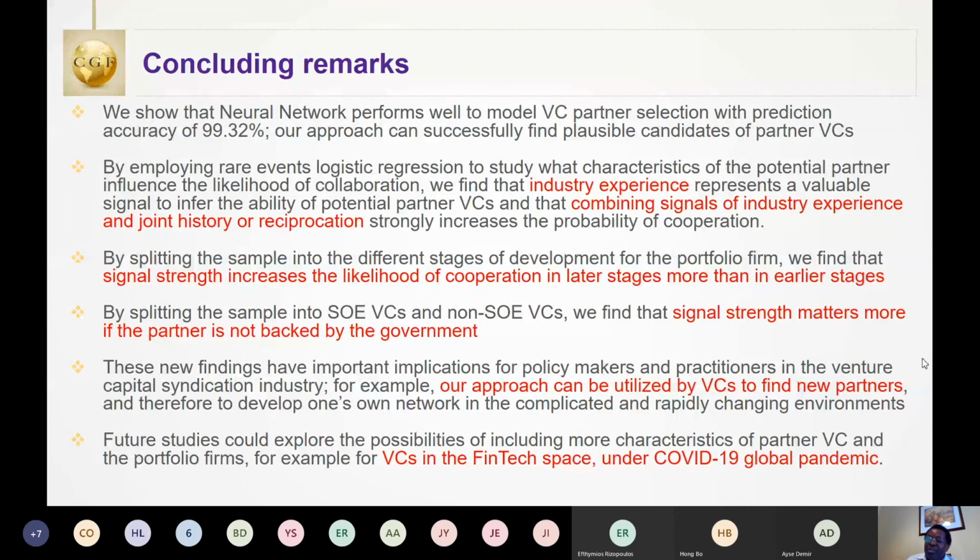We only account for it in two ways, actually: when we are drawing on SOEs, and also when we are mentioning the reciprocal ties. It may well be the case that we could capture Guanxi in another form, which we haven't thought about, but we will think about this. Okay, so thank you very much.